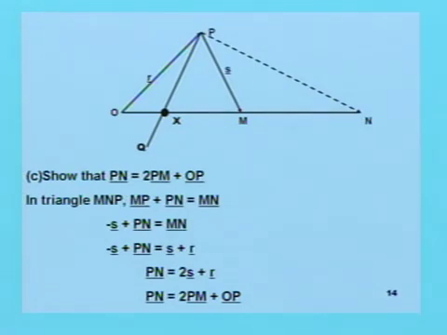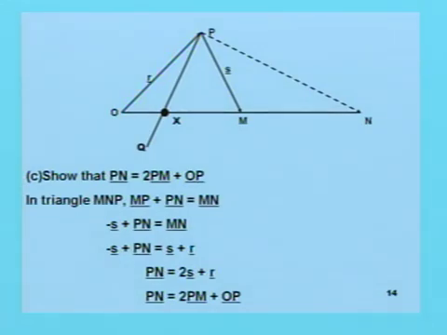Part C. Show that vector PN is equal to 2 times vector PM plus vector OP. In triangle MNP, notice that triangle there, vector MP plus vector PN is equal to vector MN. Triangle law for vector addition.